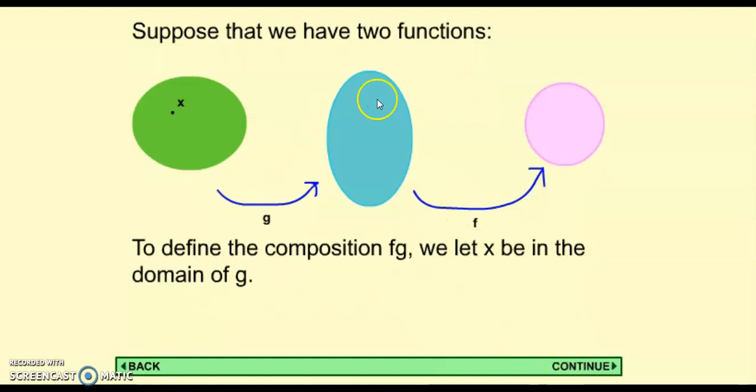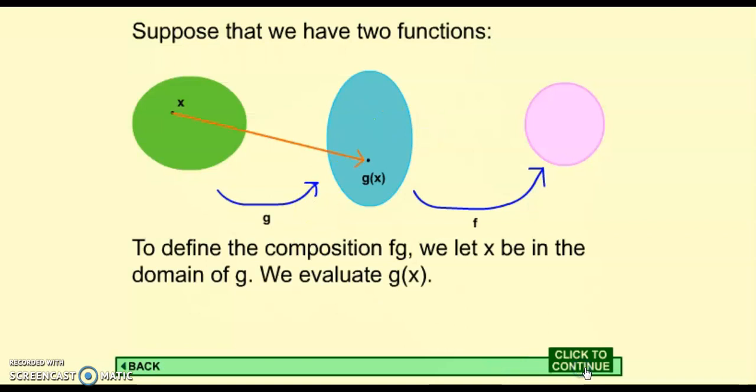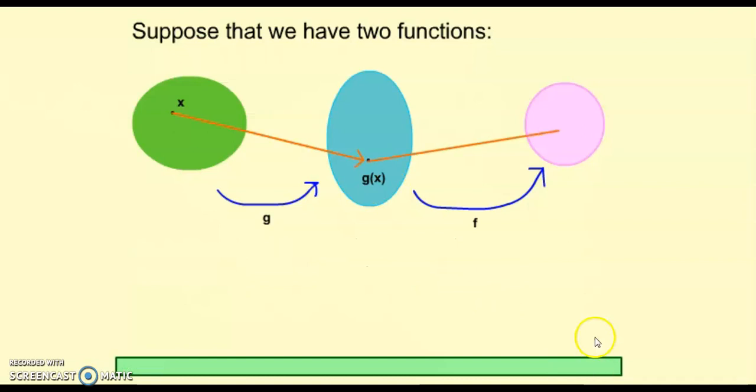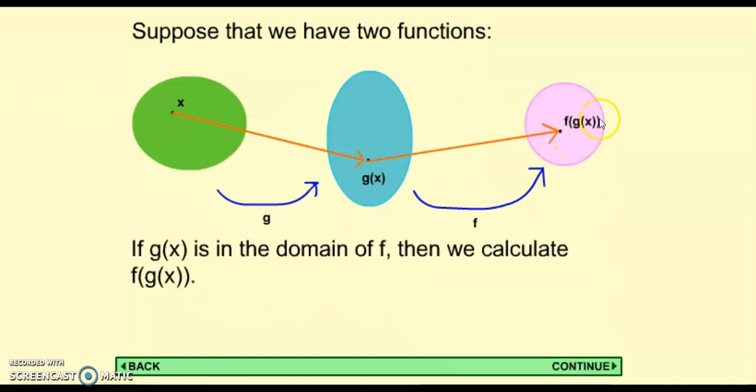So what we have done, we have composed the two functions f and g. So see, x is the input of this g function. The result will be g of x. So in the next part, when we have composed two functions, g of x becomes the input of this f function.